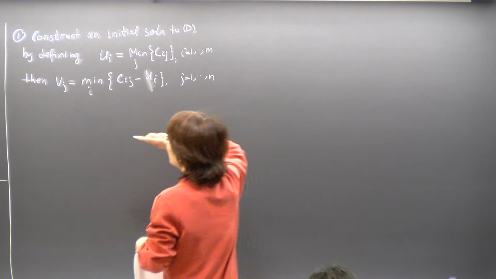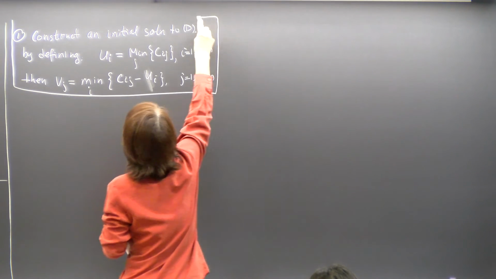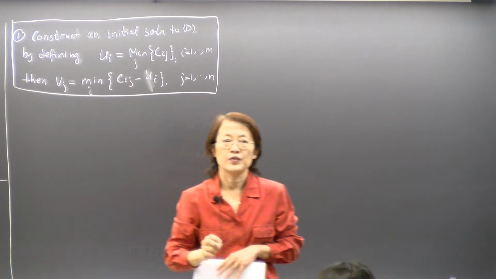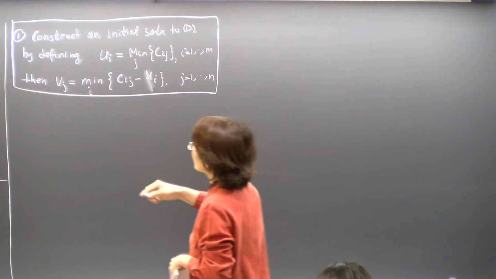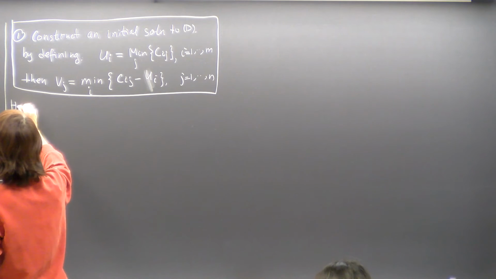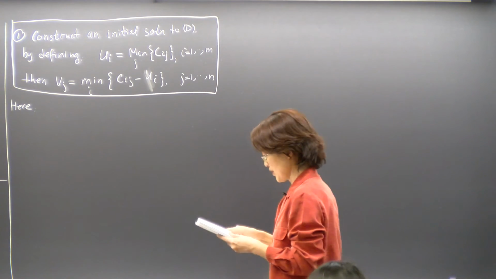I will block it. If I block this, that's the algorithm. And then we apply it to the example. So what do we mean by that? Here in my example, how would I construct that u and v?